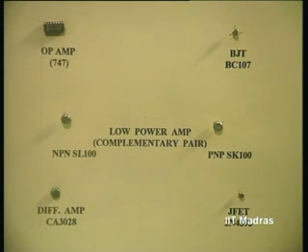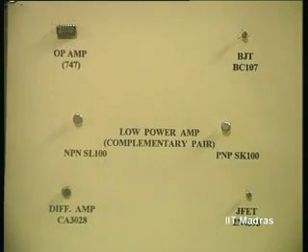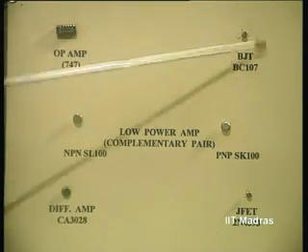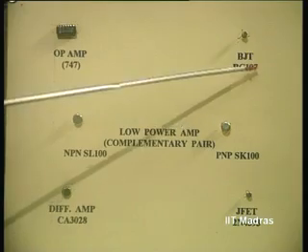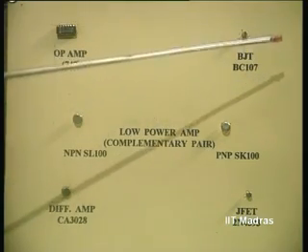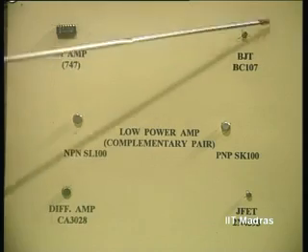Now, as far as the other transistors which are going to be used within these op amps, basically these are bipolar transistors. Typically a single discrete bipolar transistor looks like this. This is BC107, a small signal amplifier stage you can build using such a transistor.